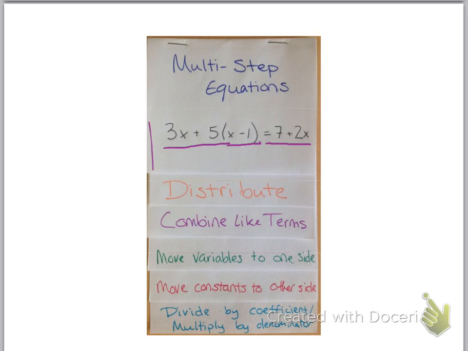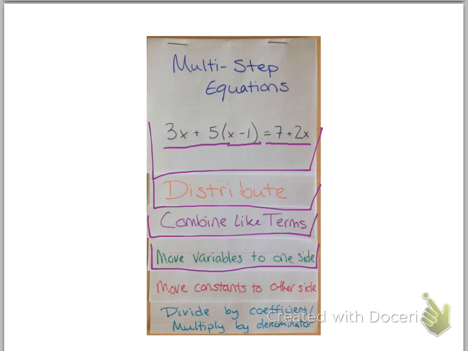So notice the first tab has the problem on it. The second tab says distribute. The third tab says combine like terms. The fourth tab says move variables to one side. The fifth tab says move constants to the other side. And the sixth tab says divide by the coefficient or multiply by the denominator.